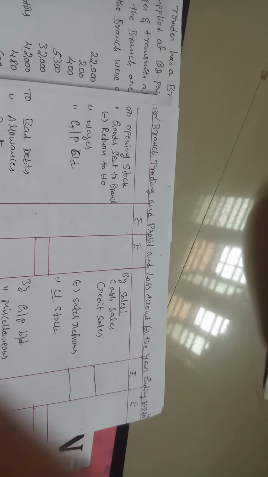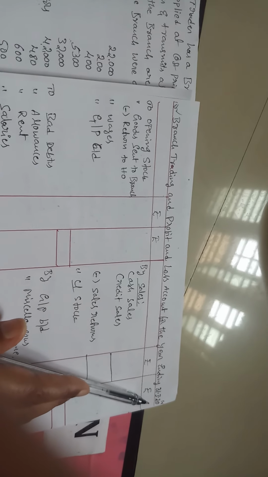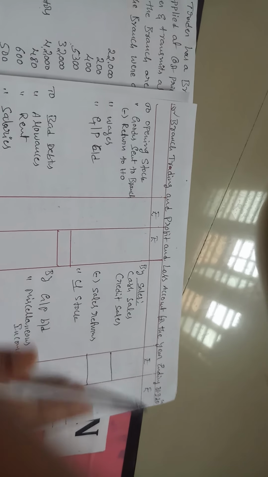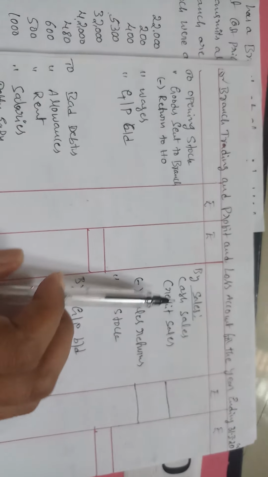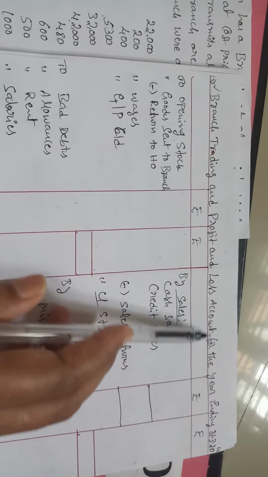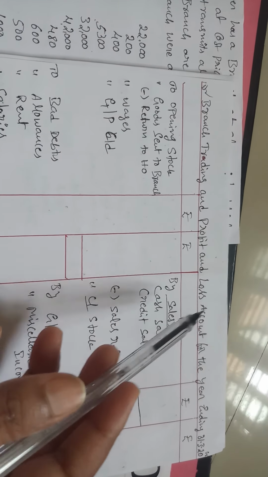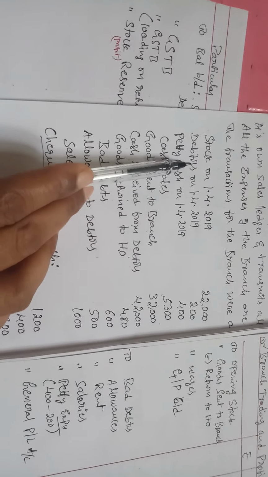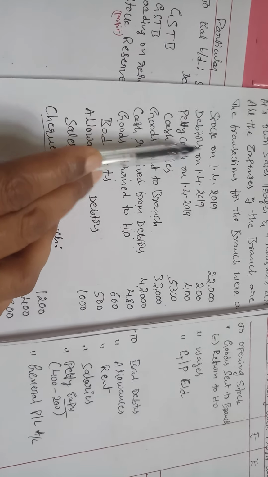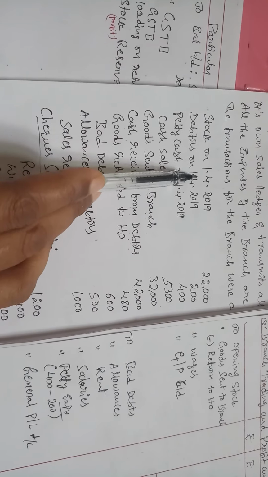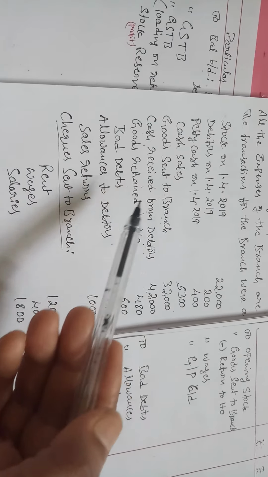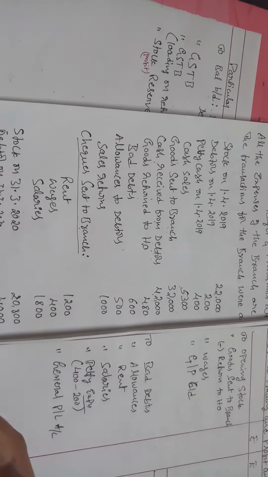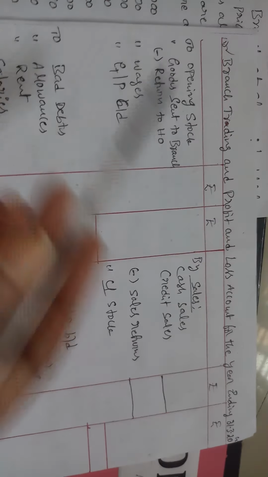Now we have to prepare the trading and P&L account for the year ended 31st March 2020. You already know which items come to the trading account and which to the P&L account, so directly I am showing you. Debtors will not come to the trading and P&L account, nor anything furniture related.